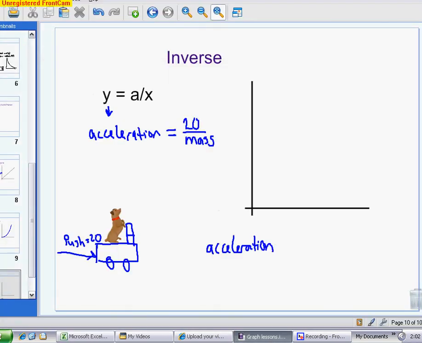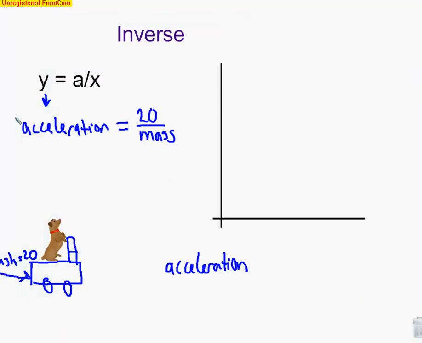So let's analyze that a little bit. Excel gave us this equation. Now, if you remember from math class, x to the negative 1 is really the same thing as 1 divided by x, or 1 over x.